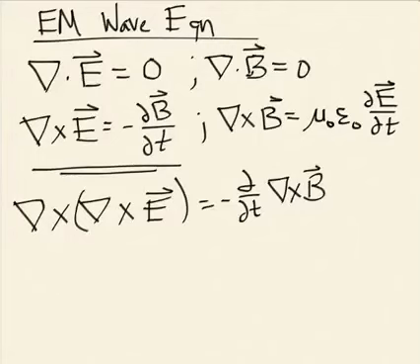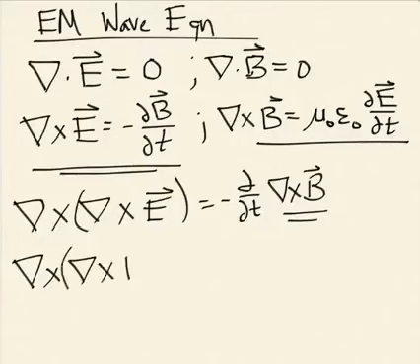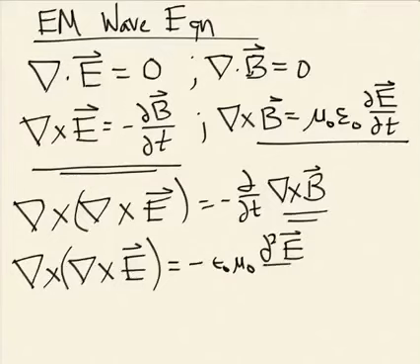You see that now I can use this equation here to replace this, and that's going to give me that the curl curl E is then minus epsilon naught mu naught d squared E dt squared. All right, so I want to reduce this down a little bit more.